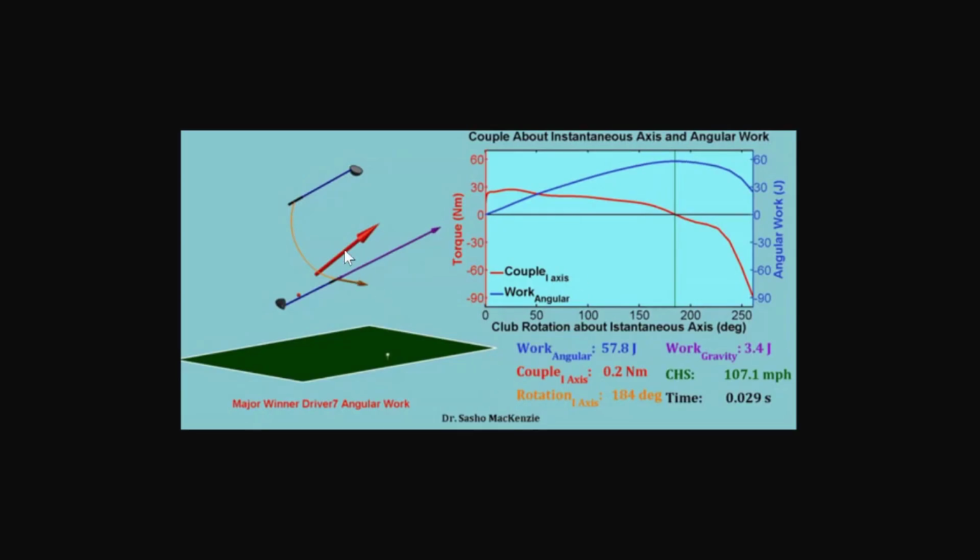You might not grasp this, but this red line represents the instantaneous axis about which the club shaft rotates during the downswing. And that axis changes continuously. That axis is actually drawn through the center of mass of the club head, which is this red dot here, and it's changing its angle.